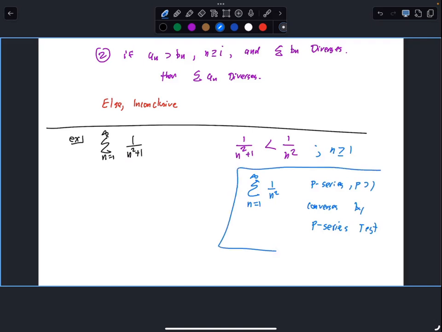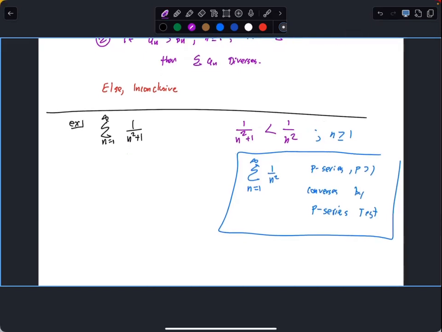I must show that piece in there. So don't forget that. That's the biggest takeaway that I want to say with the comparison test. Therefore, the series from n equals 1 to infinity of 1 over n squared plus 1 converges by the direct comparison test. Okay?